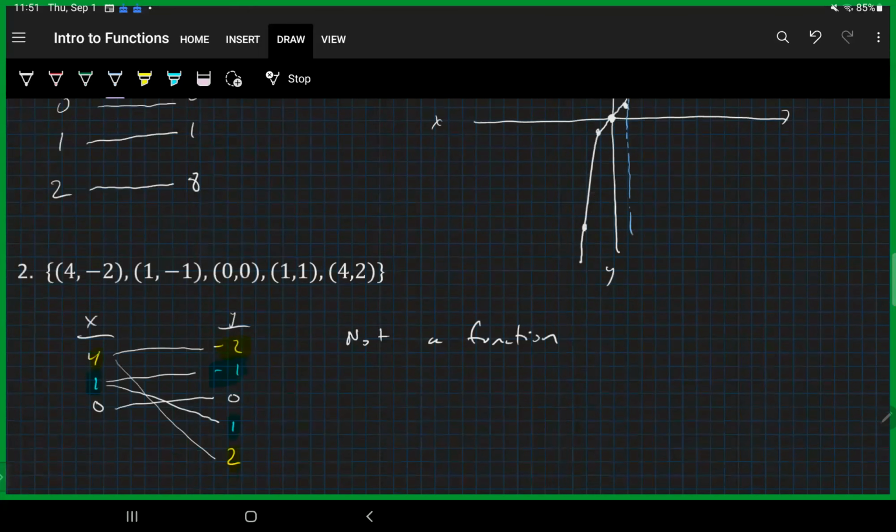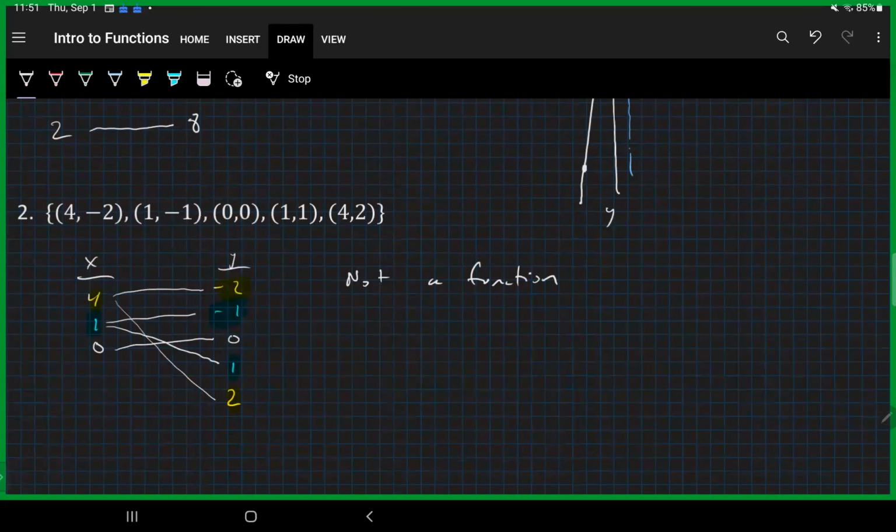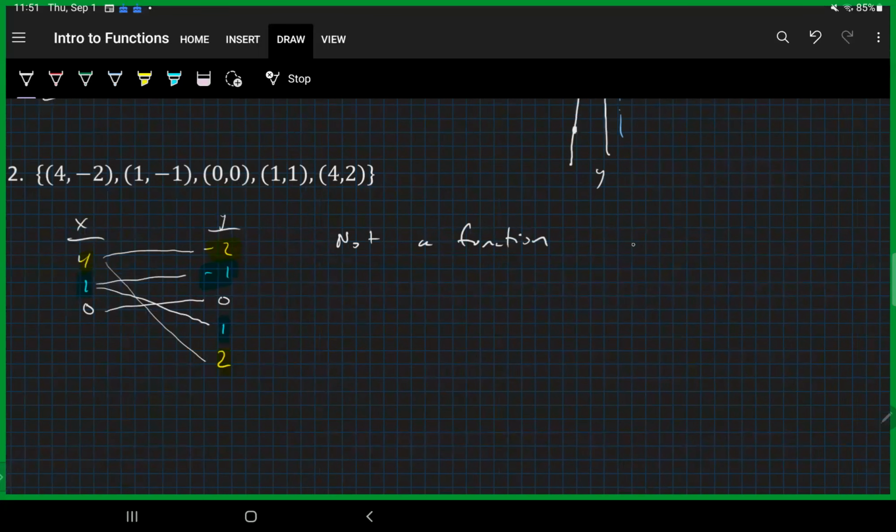Whereas if I look at this other one, it's going to look like that. And we're going to get this sideways parabola.